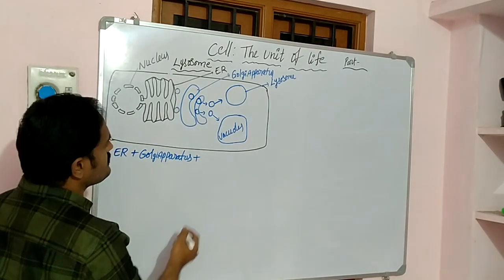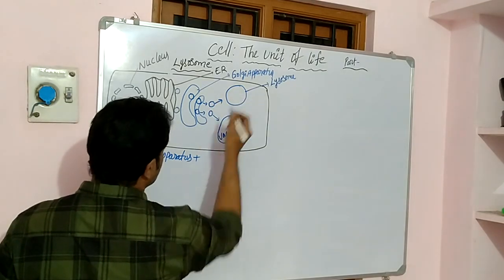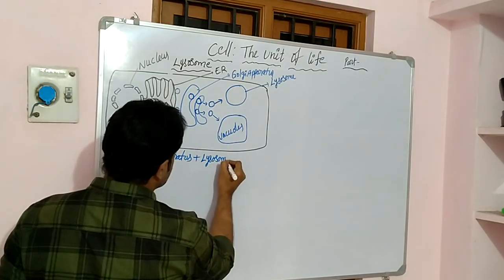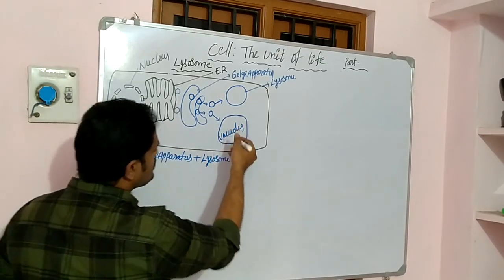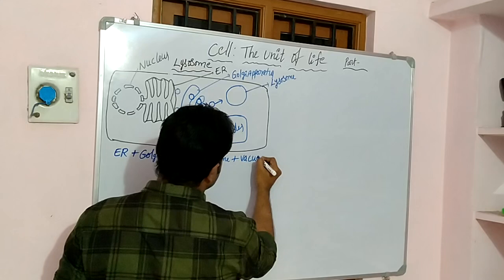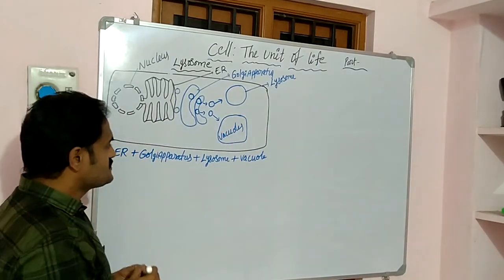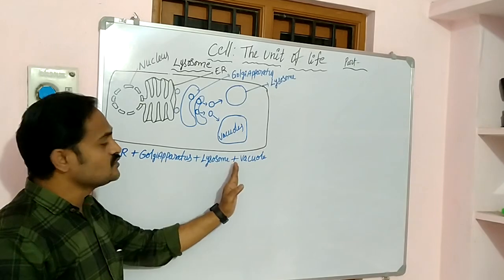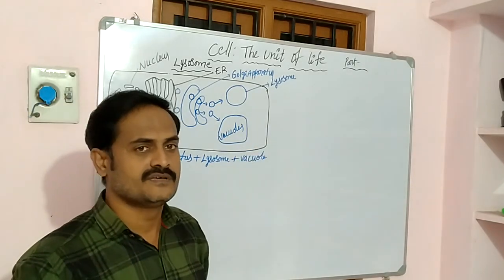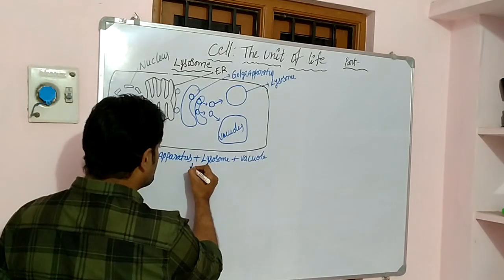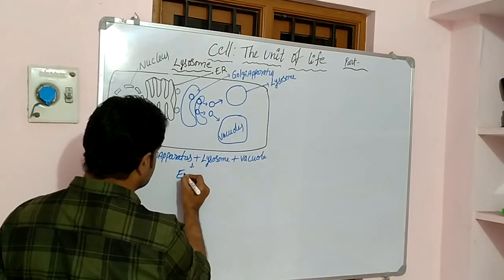Plus the third one is lysosomes, and the fourth one is vacuole. So these four organelles combine to form one system. That system is called the endomembrane system.